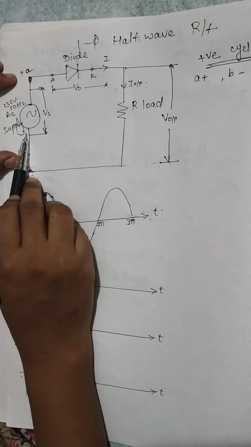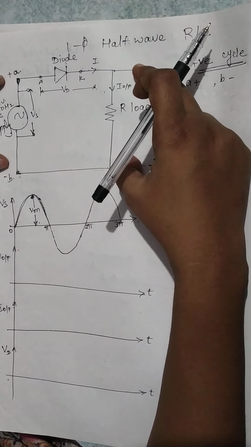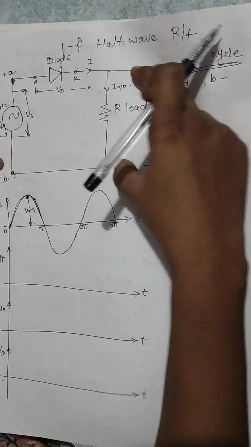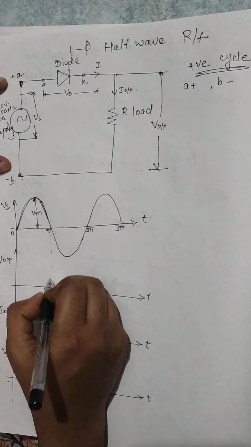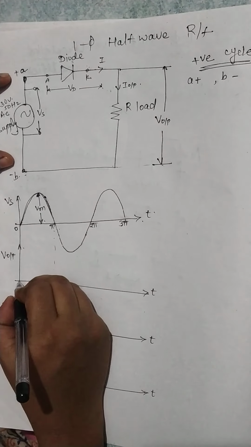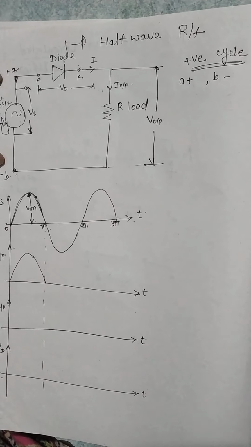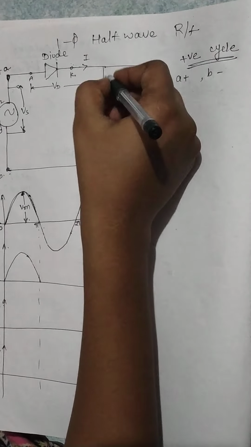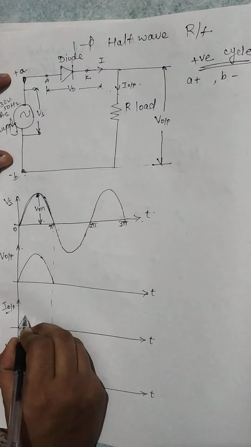Right? So what is the wave shape of the output voltage? Current is passing. Voltage across output is same as voltage across supply. So wave shape is same as supply wave shape. What is the waveform of output current? As current is passing, current shape is also sinusoidal.